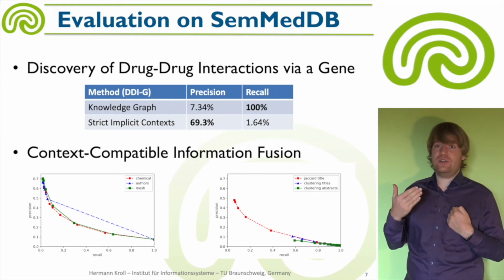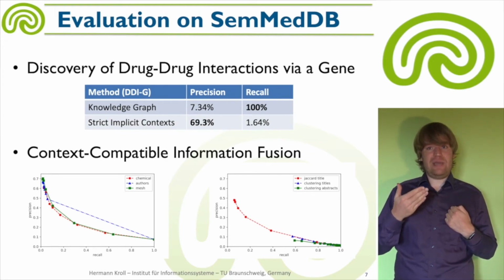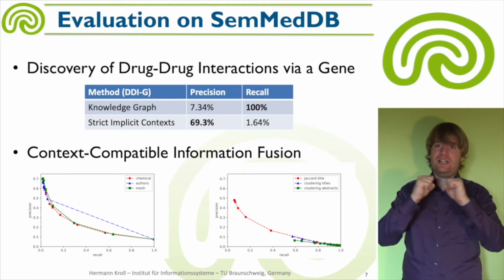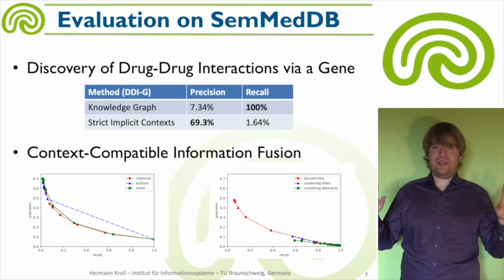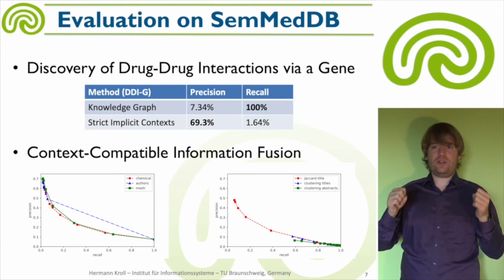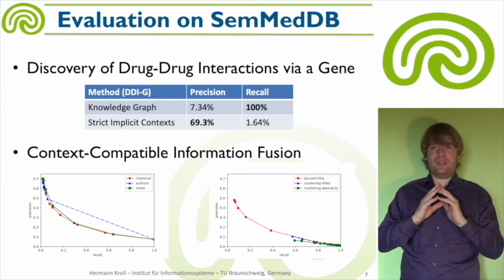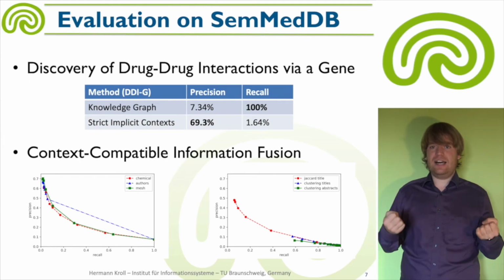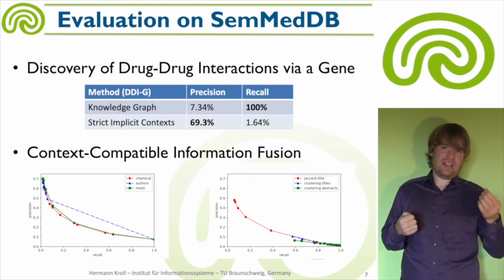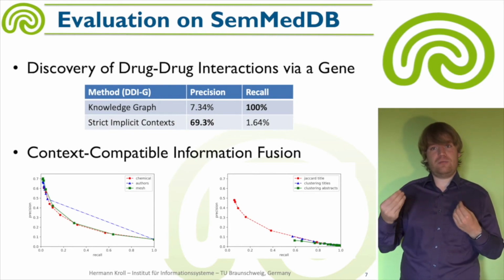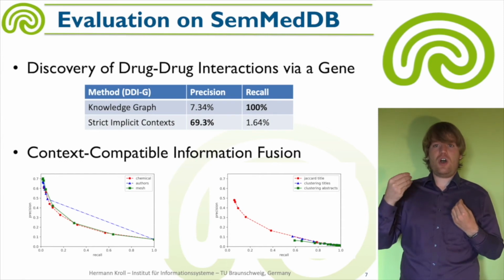Because the recall is so low, we design different metrics which estimate if two documents are context compatible or not. So if two documents are context compatible, then you can use the facts of these documents to form a valid answer. If they are not context compatible, you cannot use the facts together in a single answer. So we design metrics upon text like title and abstracts, and we design metrics working on metadata like MeSH terms or authors.